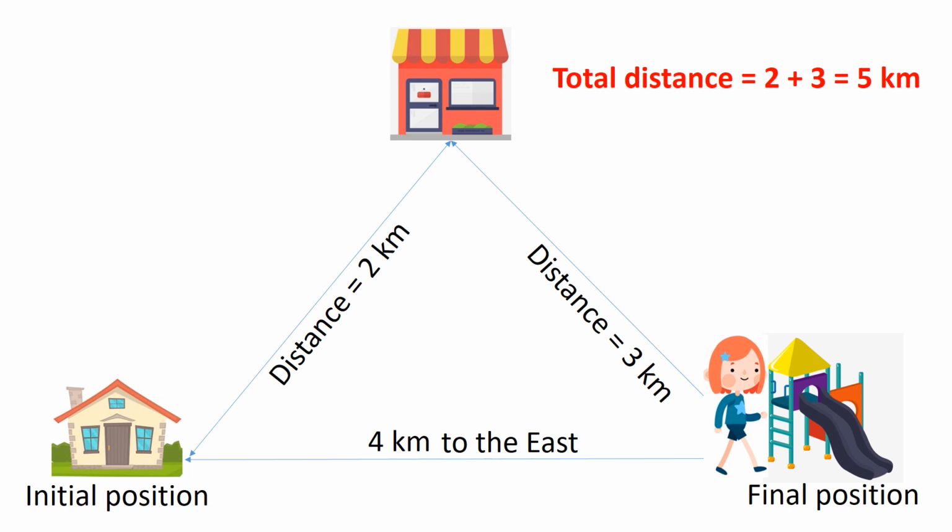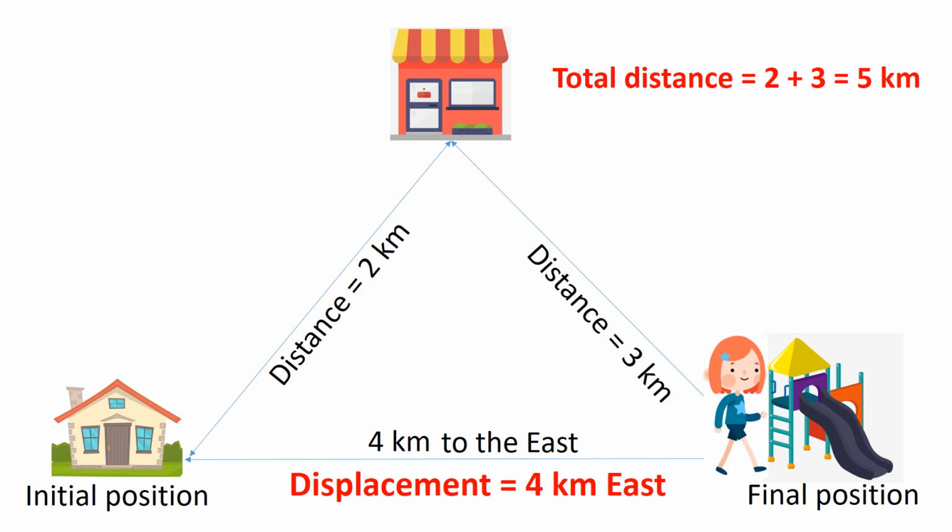So, actually the displacement is only 4 kilometers towards east. But the distance you found to be 2 plus 3, 5 kilometers, which is more than the displacement. So, displacement and distance may not be equal in magnitude.